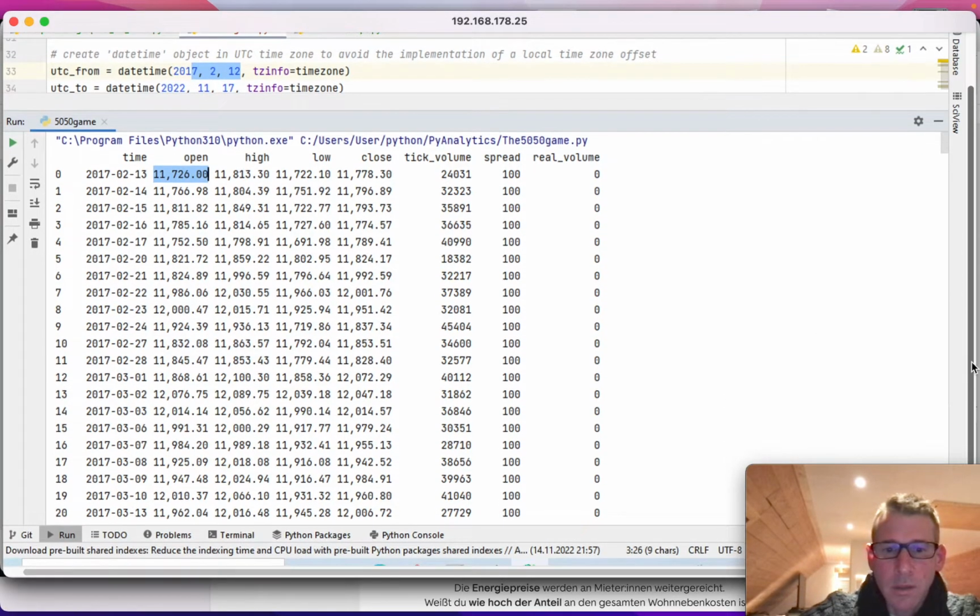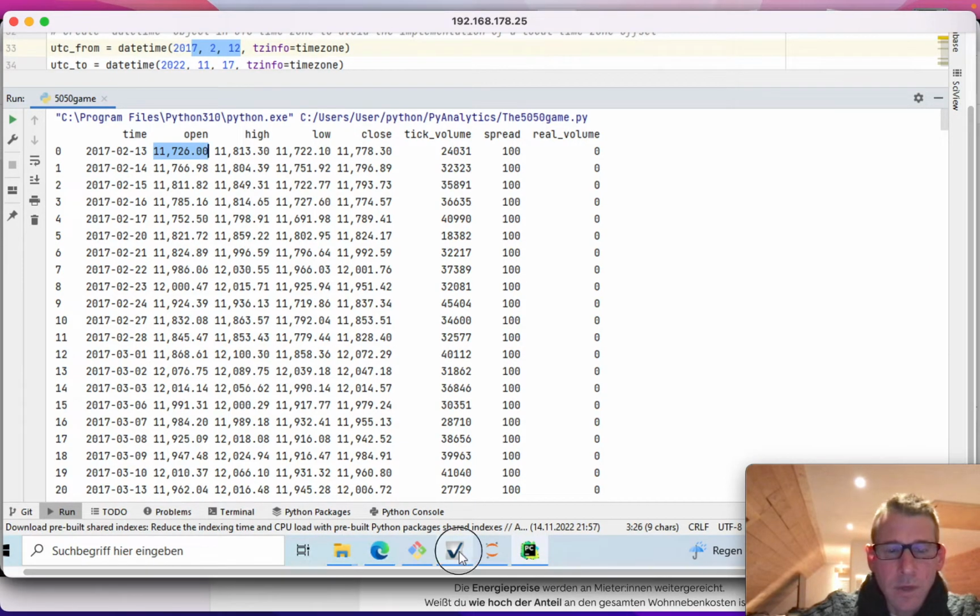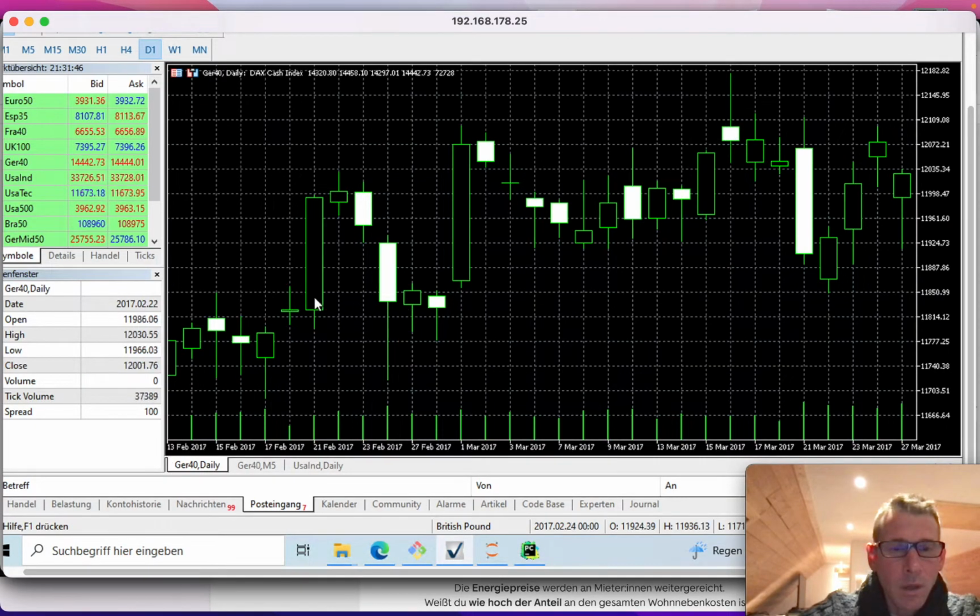Just go to the 13th February. Should be here in the beginning. It's the first one. Here you have the data window, and you can take a look at this one here. It's exactly this, 11,726. So it's exactly the prices, the bars that happened in the market in the history.